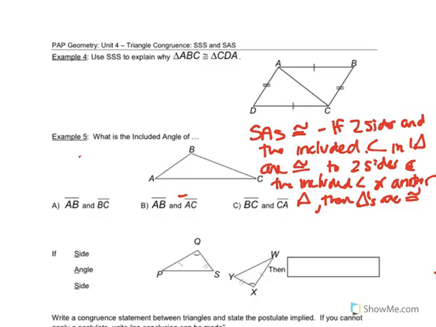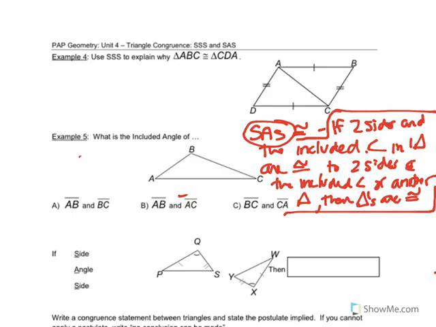Now, aren't you happy to know that I'm not going to make you write all of this stuff down when you're doing your proofs? We can just write SAS. See? Aren't I nice? I'm a nice person. We'll just write SAS. Okay?